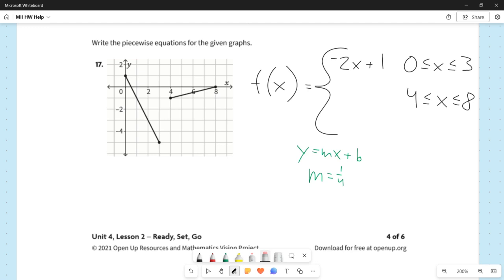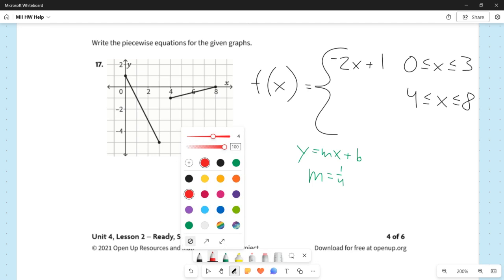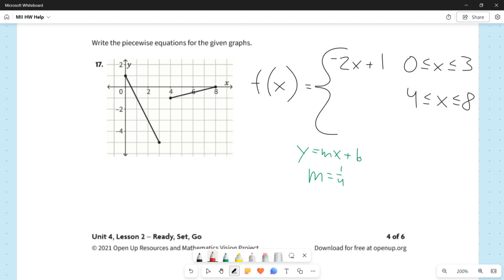One way is sometimes a little tricky, but in this situation it actually works out fairly nicely. One way to do this is to say, all right, I understand that this line currently does not intercept the y-axis, but what would it be if it did?